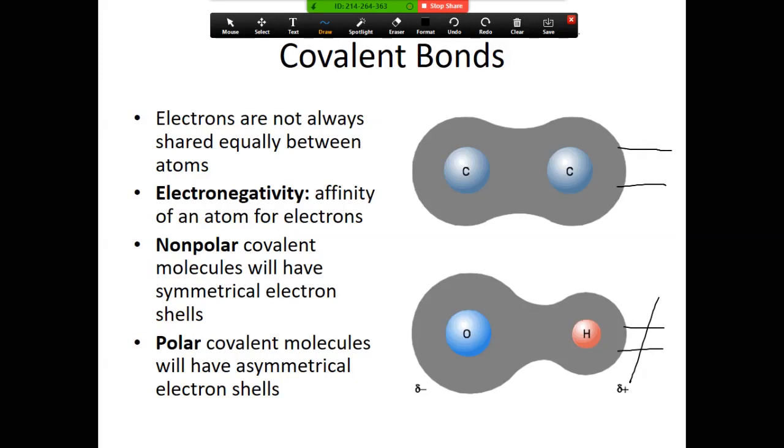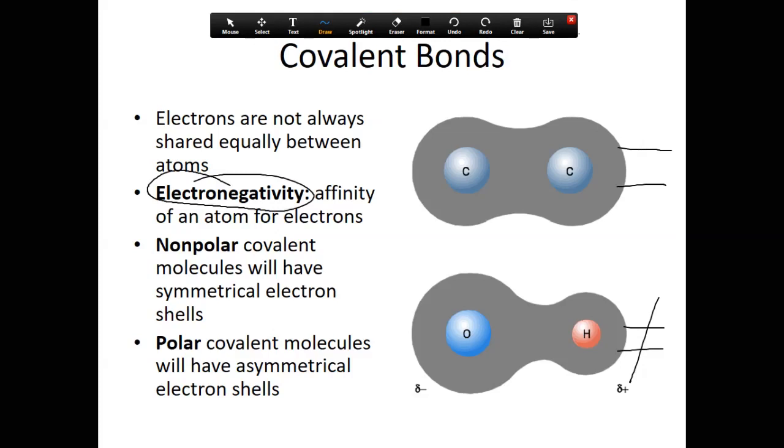So we know that this is equal sharing, this is unequal sharing. So why is that? Well, just like children, just like people, certain atoms, I like to call them electron hogs. They just really don't like to share electrons. Okay, there's actually a term for that. The term is electronegativity. It's a measure of how much an atom likes electrons.